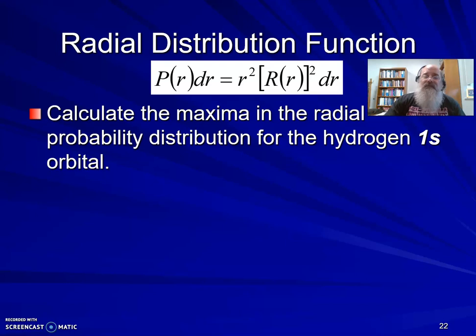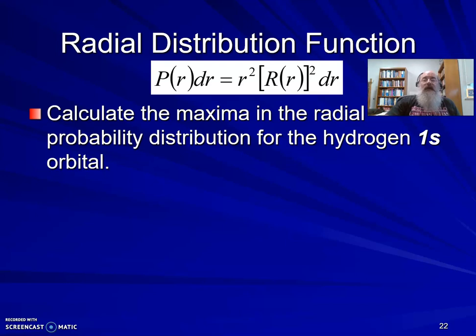This is different from calculating the probability at a given point or at a given sphere around a point, because the larger the radius gets, the more points are on that radius.